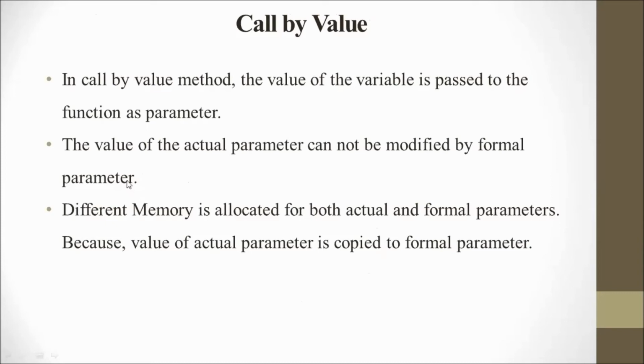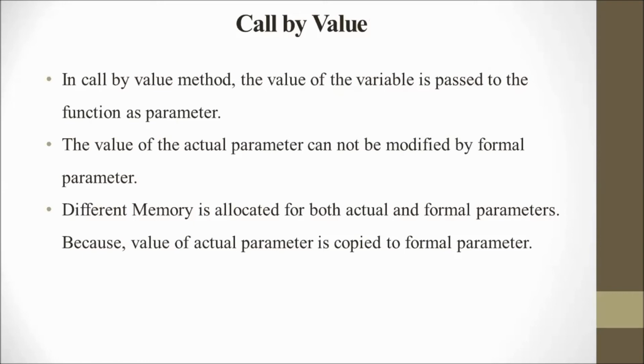So the meaning is that suppose in the function we use values like a equal to 10 and b equal to 20. After the function executes, the values will not change during the execution of the function. The values will remain the same until the end of the program.